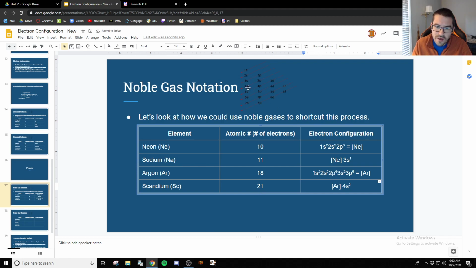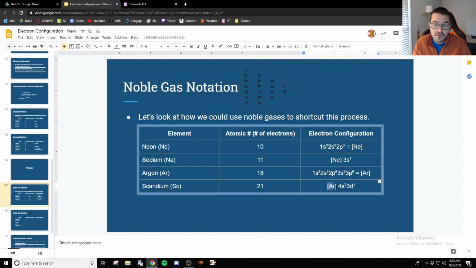So after 4s, I get to 3d, and it would just be 3d1. So that is the noble gas notation for scandium. If it was 1 electron bigger, then it would be 3d2 or 3d3. You can keep going. But every noble gas notation has to have this noble gas at the beginning.